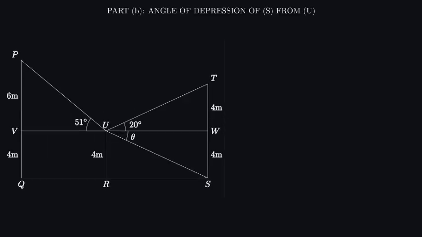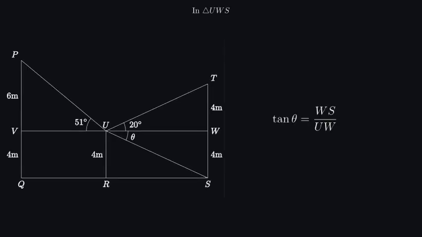Now we find the angle of depression of S from U. An angle of depression is measured downward from a horizontal line. So the angle of depression of S from U is the angle between the horizontal line UW and the line US. We call this angle theta. In triangle UWS, the vertical side WS is 4 meters and the horizontal side UW is 10.9899 meters.